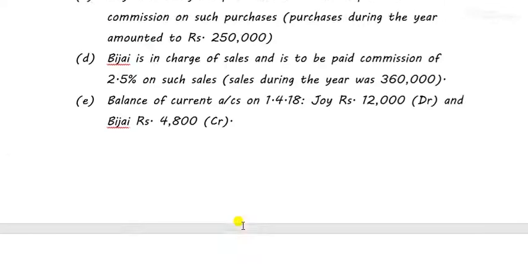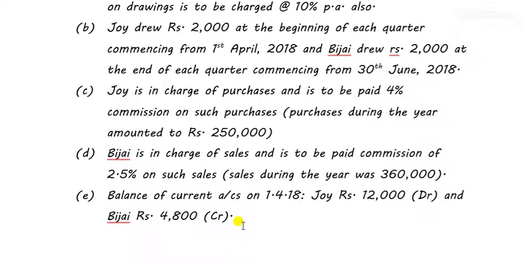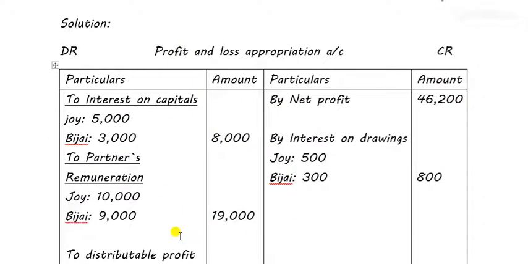So the current account of Joy is in debit and the current account of Bijoy is in credit. Are you understanding the situation here? Joy has over withdrawn from his current account. Means this 12,000 will be recorded on the debit side and this 4,800 will as usual be recorded on the credit side. So let's start with the sums.